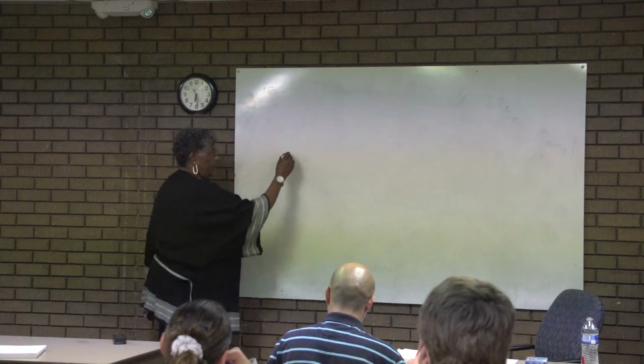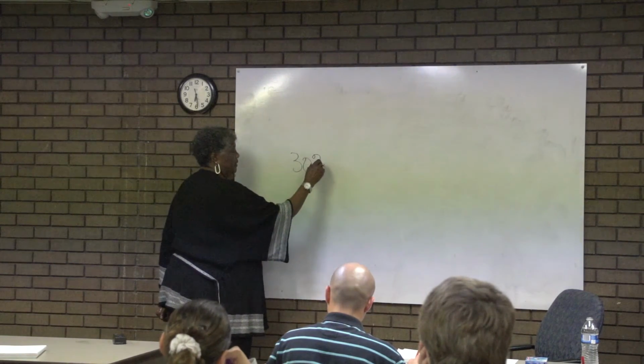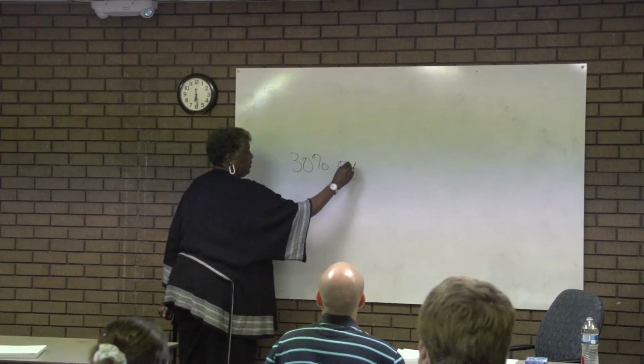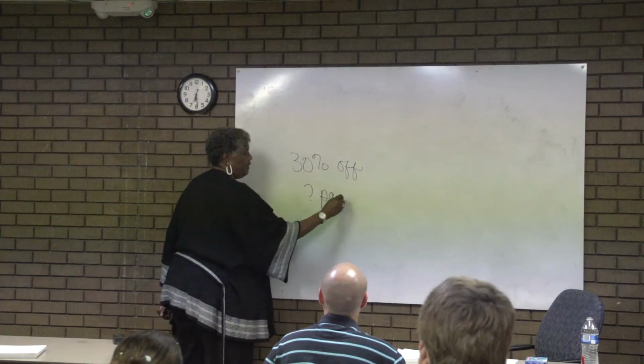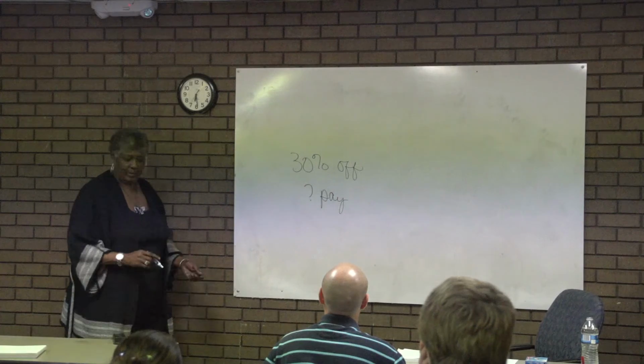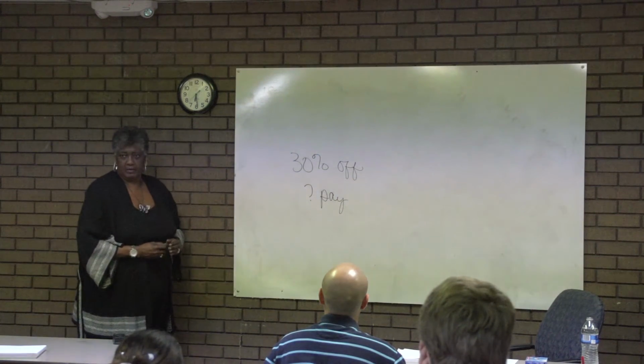It says it was at a sale for 30% off, and the question is, how much did you pay? How will you go about setting that up and solving it?